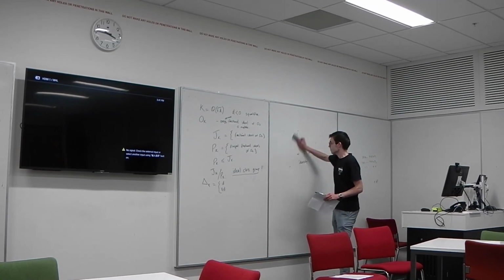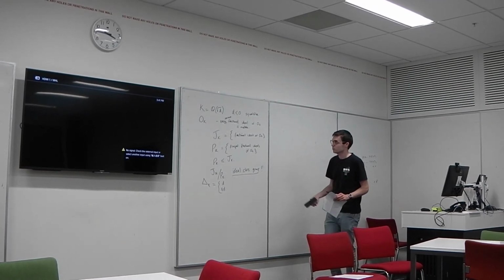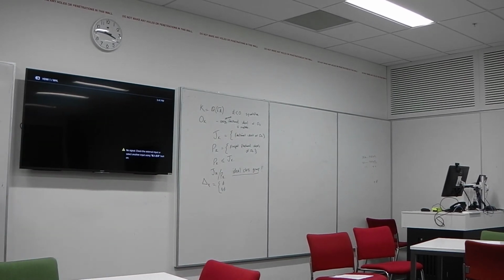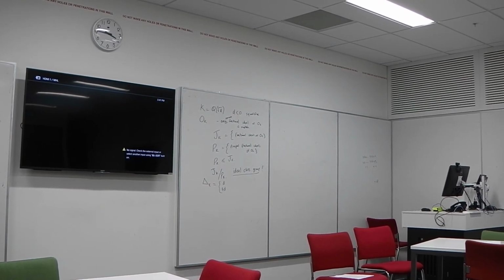So there's this really interesting relationship between this group of ideals, modulo principal ideals, where composition is multiplication of ideals, and binary quadratic forms, which are binary because they're written in 2 variables, and quadratic because they're degree 2. Okay?